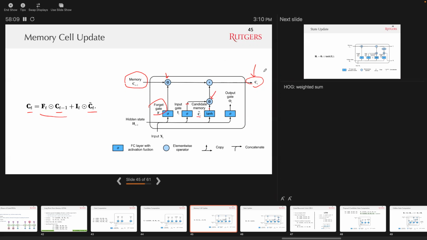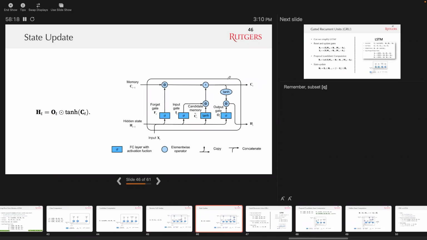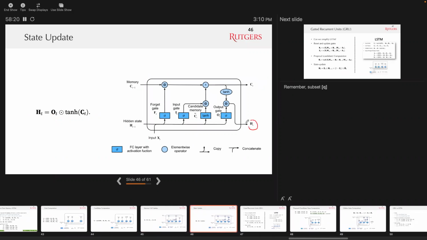And then we're going to compute the subset of the cell state which goes into the final output state, which is going to be here. So this is the final output state, and it's going to be a subset of the cell state. To compute the subset, you will need your output gate here, and you will need your current memory.